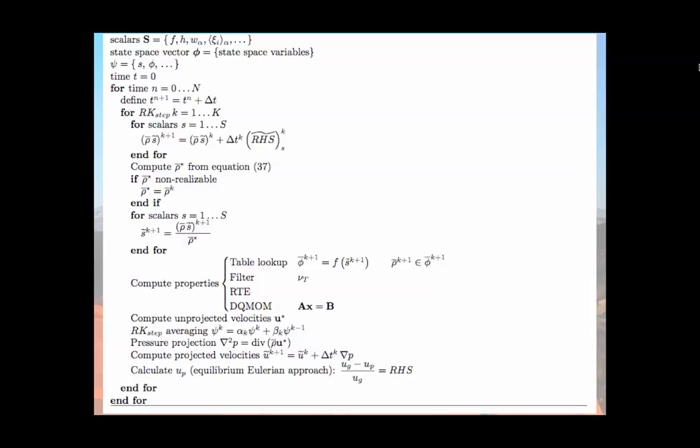There's stuff for computing the velocity without doing the pressure projection. Here's where the pressure projection is done, and then we update the projected velocities. All of this stuff is happening in the nonlinear solver class. All of these different tasks are just tasks happening in the nonlinear solver.